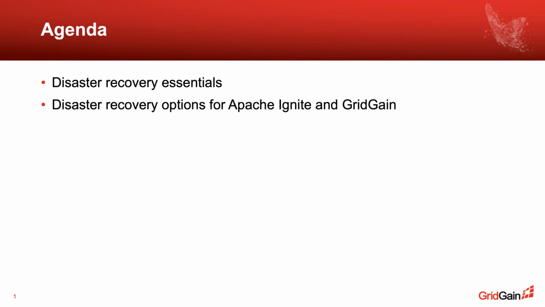Then, after we have these instruments to compare the options, we will review several options that are available for Apache Ignite and GridGain clusters. And finally, we will review all of them once again and see how we can choose between them and what rules to follow.